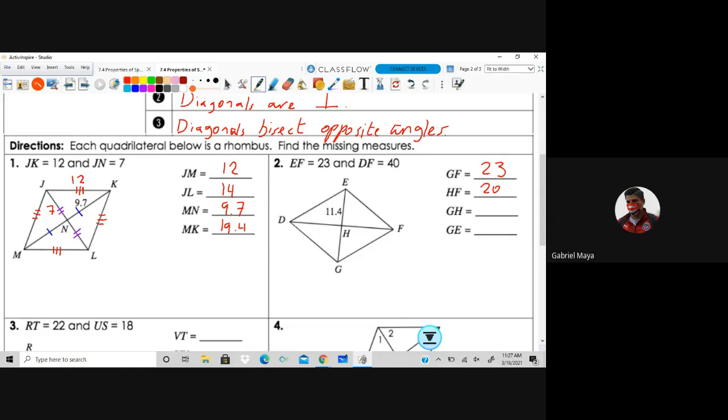And Hannah, yes. What about GH? This right here. What's that? 11.4. Very good. Yeah, it's congruent to EH. And what about GE? 22.8. Yes.